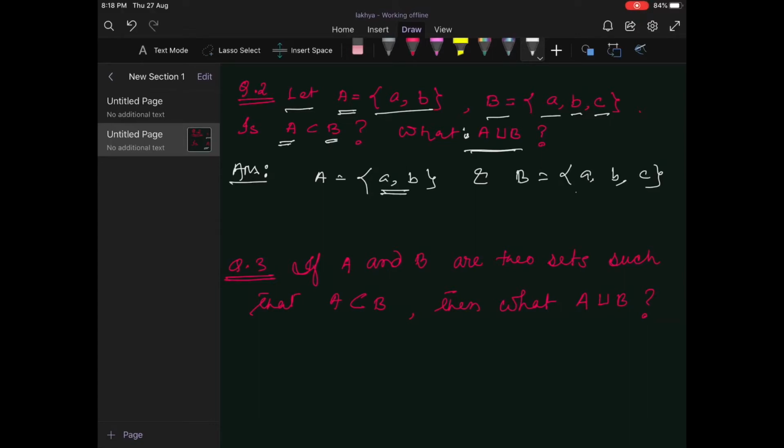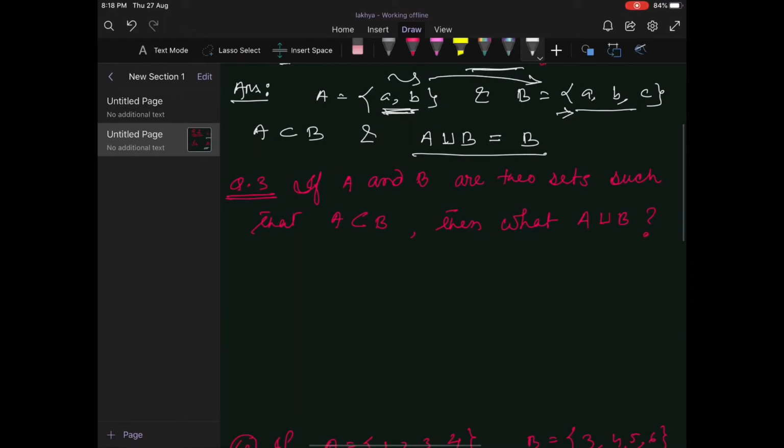Here you see all the elements in set A are in set B. That's why it is obvious that A is a subset of B. And for A union B, as all the elements in set A are present in set B, A union B must be equal to B, because these two elements a and b are already in set B, that's why the result will be B.